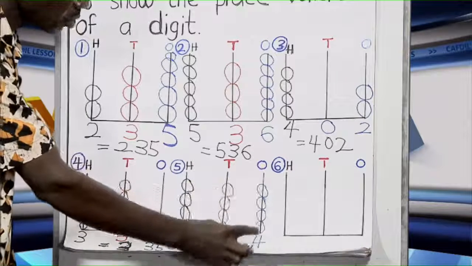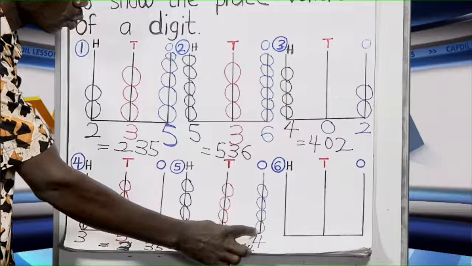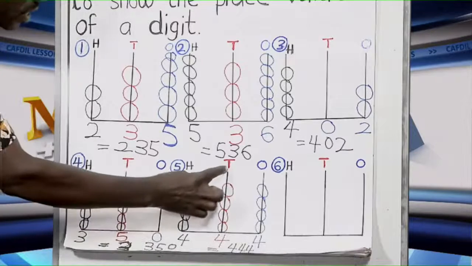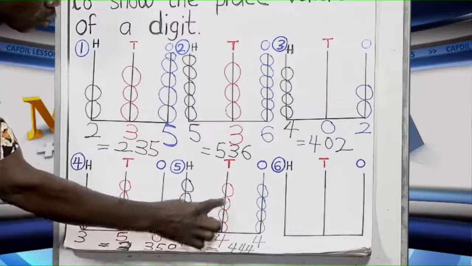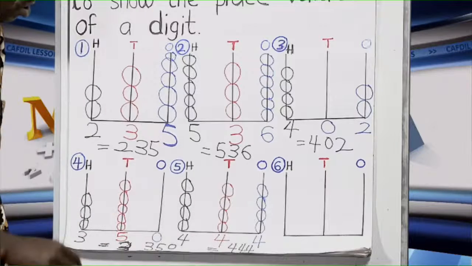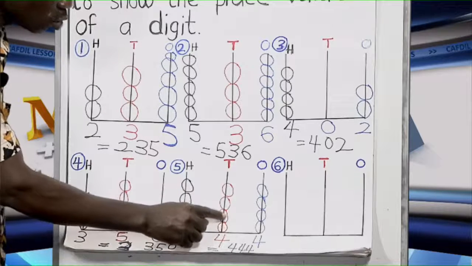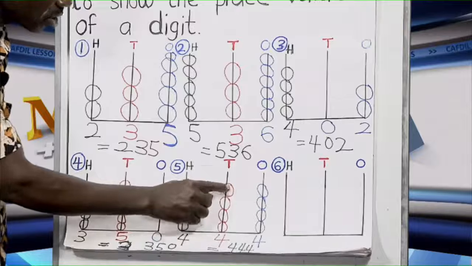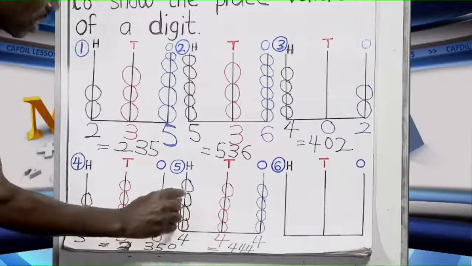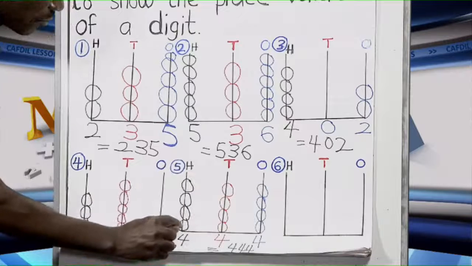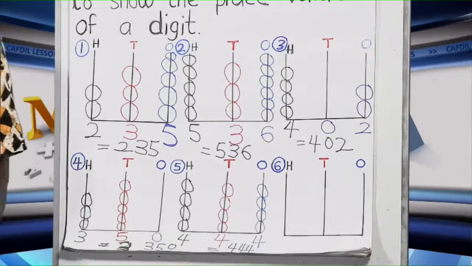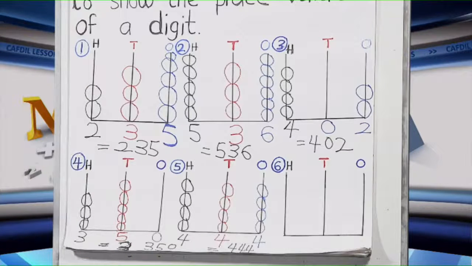The first 4 shows ones, so we have 4 ones. And then the tens column, we also have 4, but each one is 10. So we have 10, 20, 30, 40. So we have 40 here. And then under hundreds also we have 400. So in all, we shall have 444.